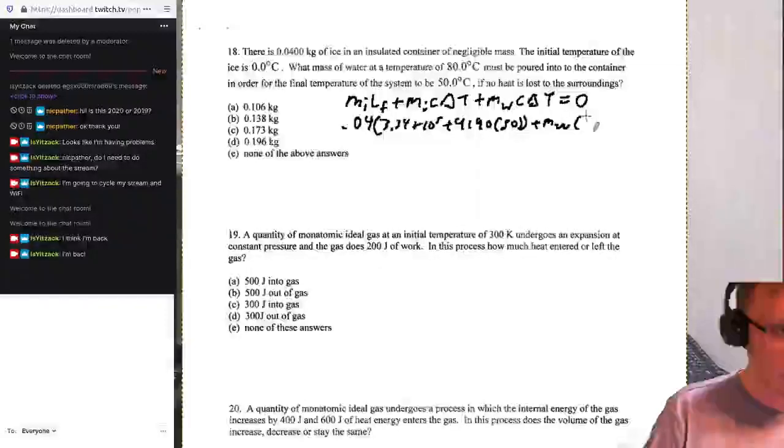It has a C of 4190, and it has a temperature change of minus 30 Kelvin, equals 0.